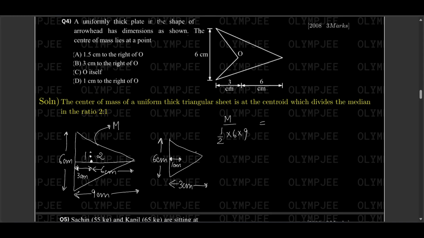So if the mass is m dash for this, area is half into 6 into 3, which will give us that m dash is equal to m by 3. So now I'll apply the center of mass with negative mass formula.